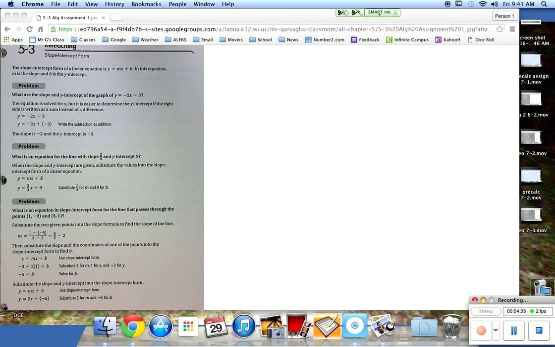So we need to figure out a couple different things here. We're going to find slope in this assignment. We're going to find where it hits the y-axis. How do we get it to hit the y-axis? So if I'm giving you, let's say, two coordinates, 3, 5, and 2, 1.